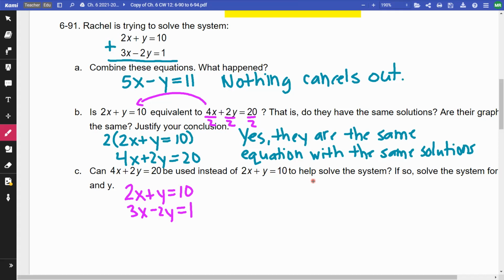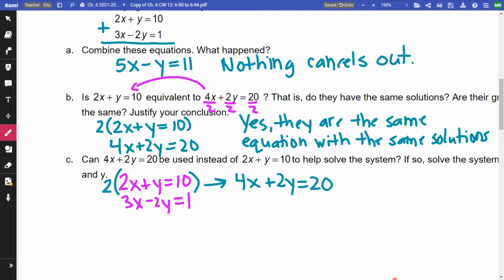It's still equal. It's not different. So I'm going to multiply this by a 2. And I get the 4x plus 2y equal 20, which is the equation they were asking us about.